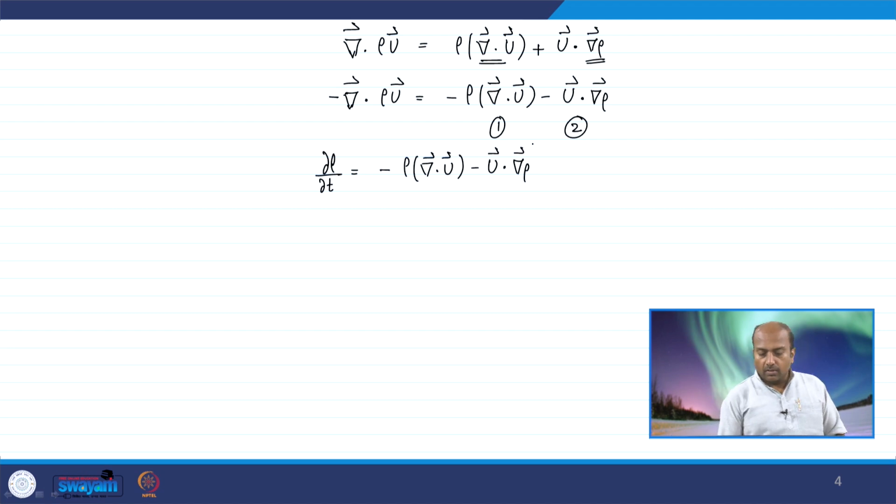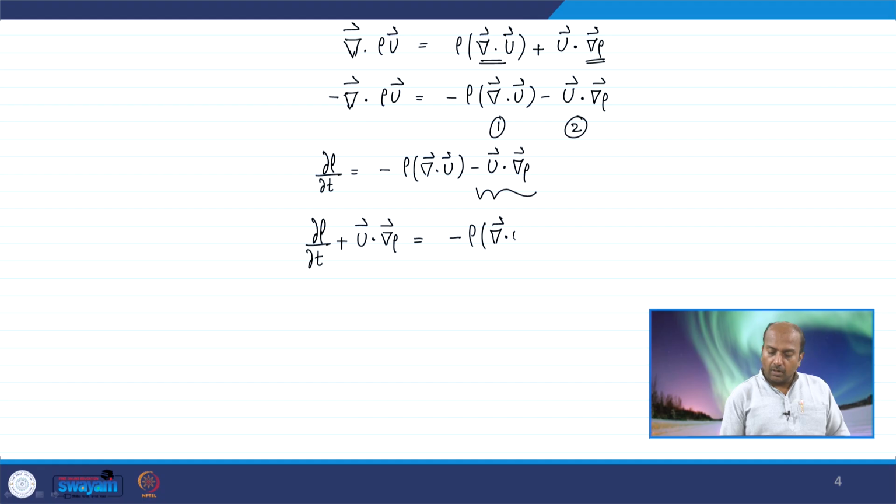I can bring this term onto the left hand side: dou rho by dou t plus u dot del rho will become equal to what is remaining on the right hand side, minus rho times del dot u.